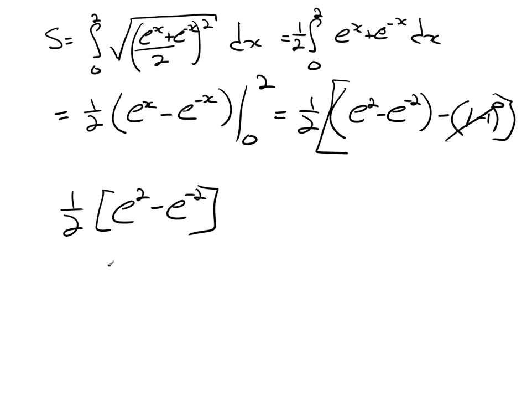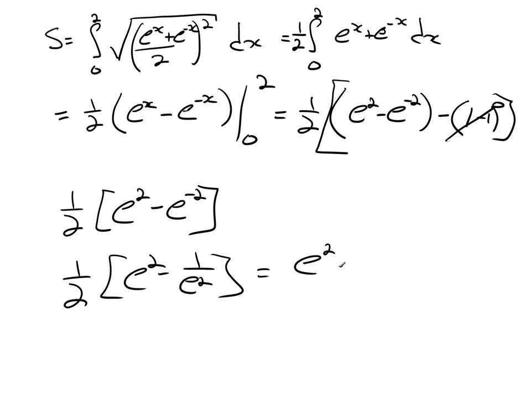Now I can fiddle around with this and change the format if I wanted to. I don't think it's going to gain me anything. I could write this as 1/2 times (e squared minus 1 over e squared). I could put the whole thing over 2, so I could write this as (e squared minus 1 over e squared) all over 2, which is the same as (e squared minus e to the negative 2) all over 2.